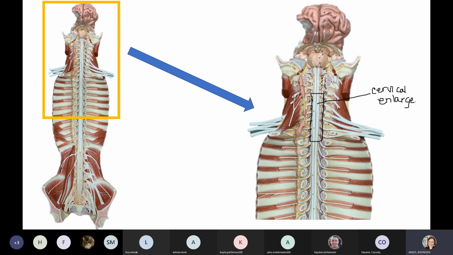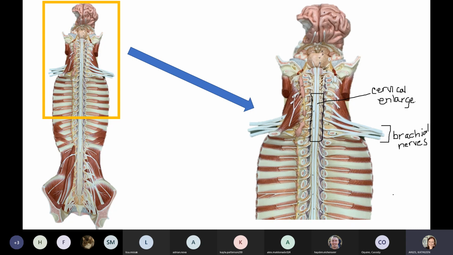Those neurons in the spinal cord will leave and help form what we see out here. These are the brachial nerves, going out to help me move my arms or collect information from my arms.